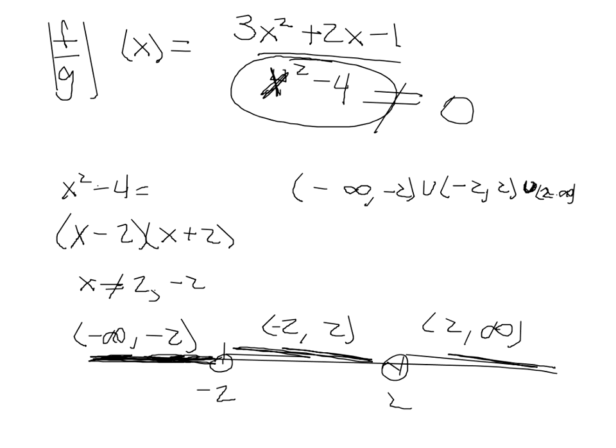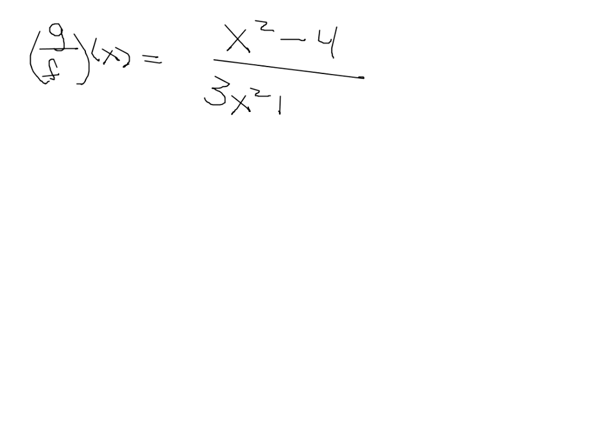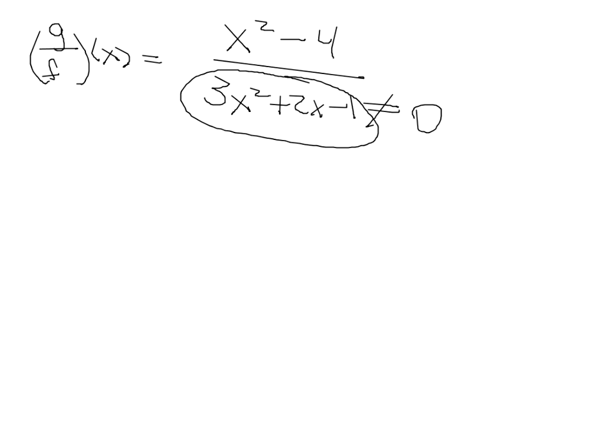All right, and well, I guess let me add one more example on here. We can also have g divided by f. And so that would be x squared minus 4 divided by 3x squared plus 2x minus 1. And now I need to know when this is equal to 0 so that it cannot be 0. I can say don't let that equal 0.